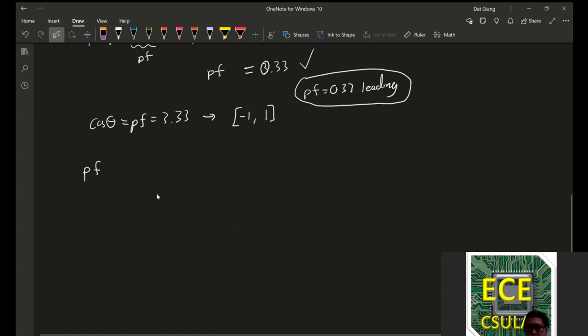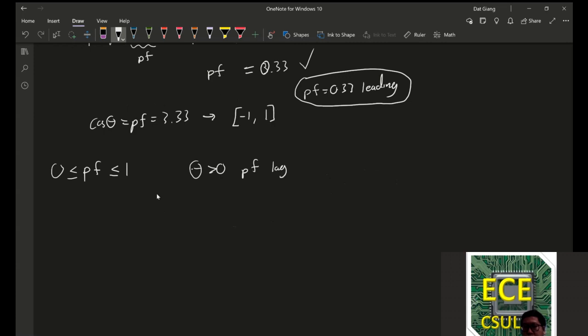Power factor is always less than or equal to 1, but it could be 0 as well. It cannot exceed that range. When the angle is greater than 0, you get power factor lag. When the angle is less than 0, you get power factor lead. And remember, lagging is the case for inductive systems, and leading is the case for capacitive systems.